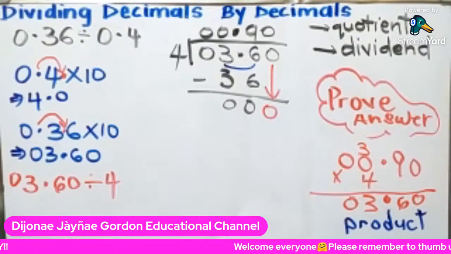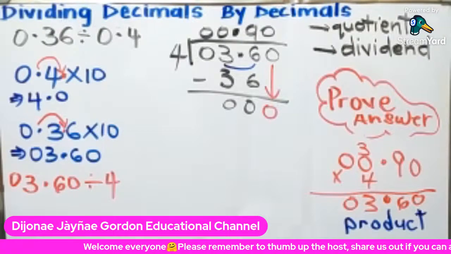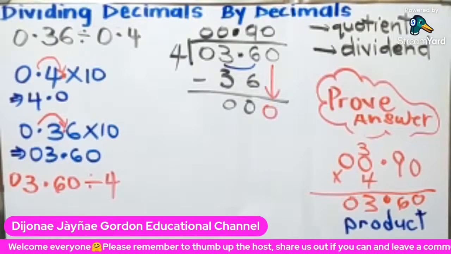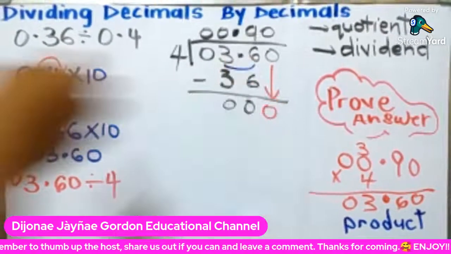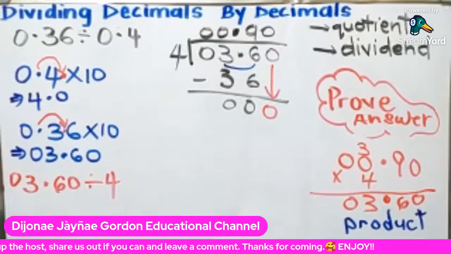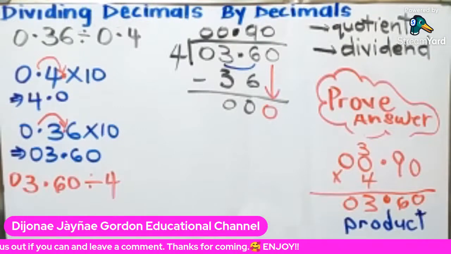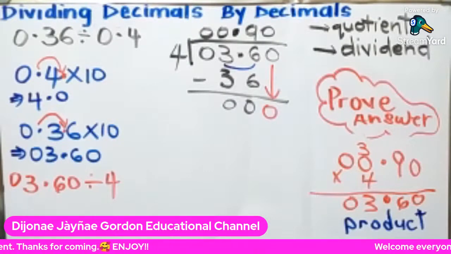Look at my product now. My product is 0.360, and that's the same thing we have as the quotient in our division problem, 0.360. This is telling us that our working was properly done.